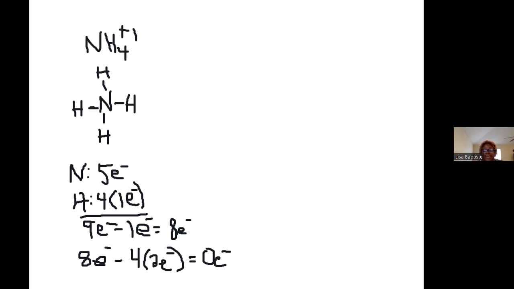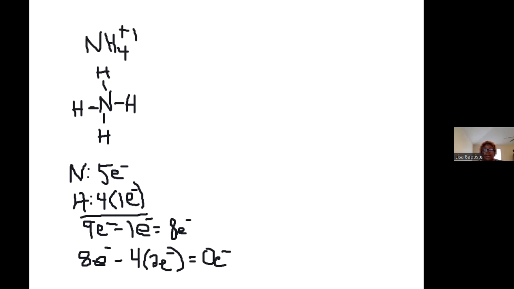If we look at helium, helium is in group 8A, it's a noble gas, but it only has 2 electrons. And that is why we have the duet rule, because helium is perfectly stable with just 2 electrons. Hydrogen, because it's on the same row as helium in the periodic table, is also perfectly stable with just 2 electrons.